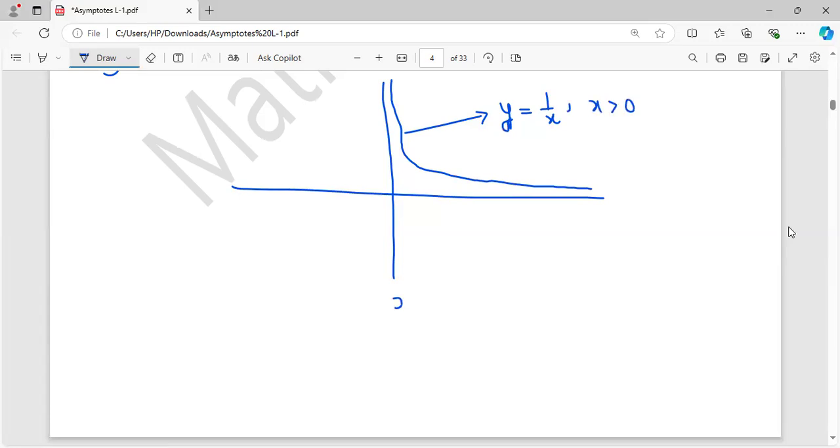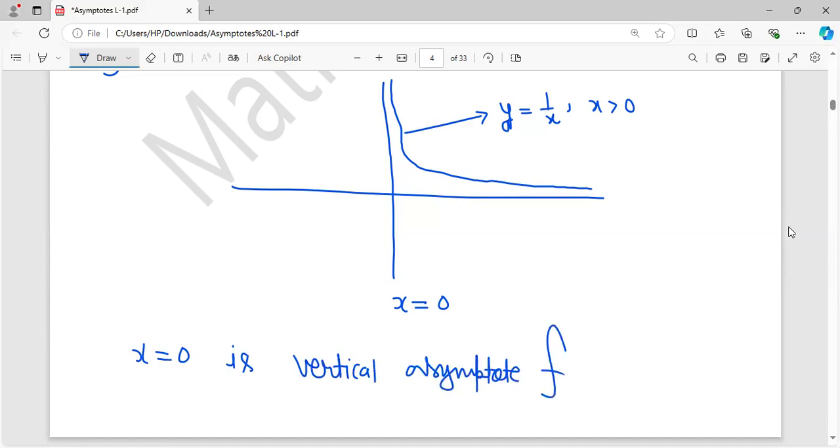So this is x is equal to 0. So x is equal to 0 is a vertical asymptote for the curve y is equal to 1 upon x, x greater than 0.